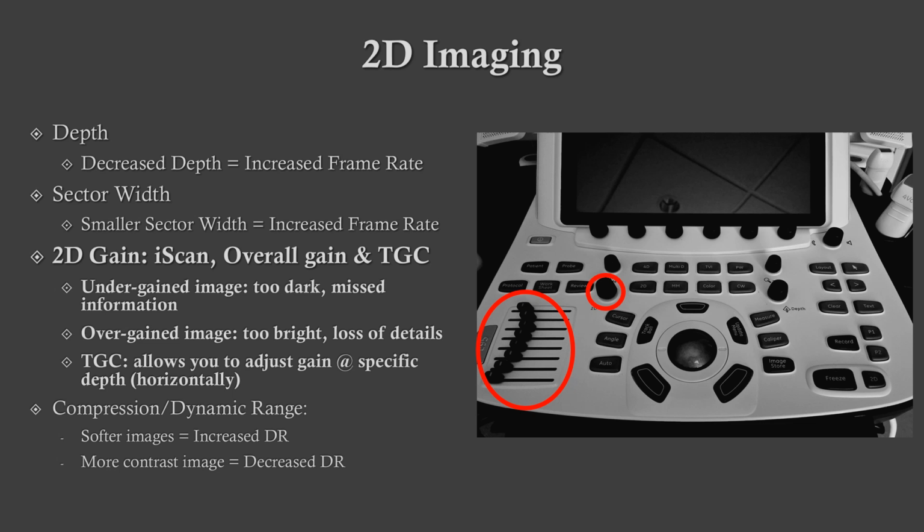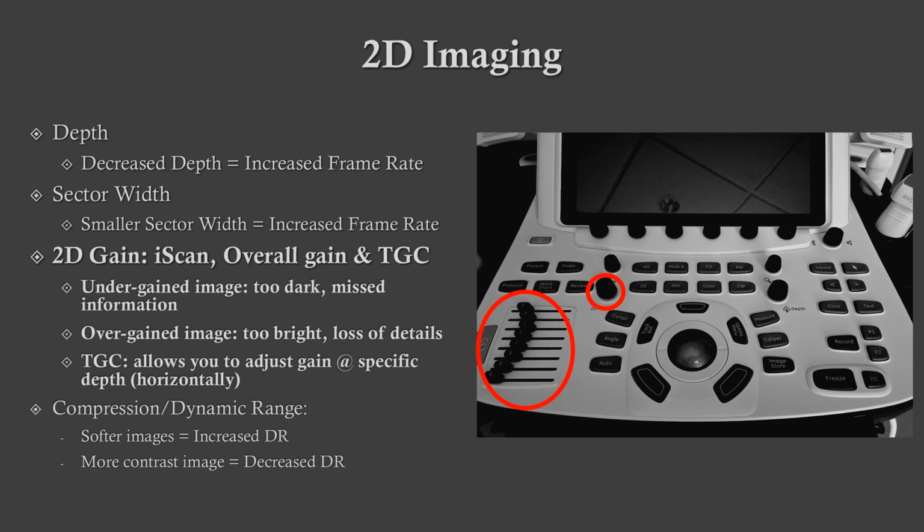Let's talk next about what the different small adjustments of 2D overall gain, iScan, and TGC can make. Undergain image is too dark and can miss information as compared to overgained image that's too bright and can lose its details. iScan button is also called a fellows button.